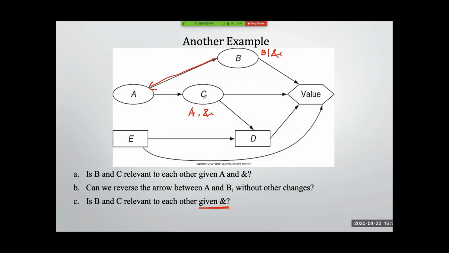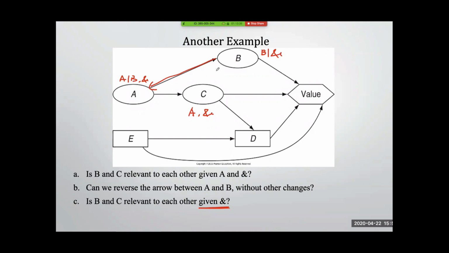However, here C is still conditioned on A and background knowledge. What we can do is reverse the arrow between A and C as well. Question is, can we? No, because now A is conditioned on B and background knowledge, and C is conditioned only on A and background knowledge. So we cannot directly reverse the arrow between A and C.